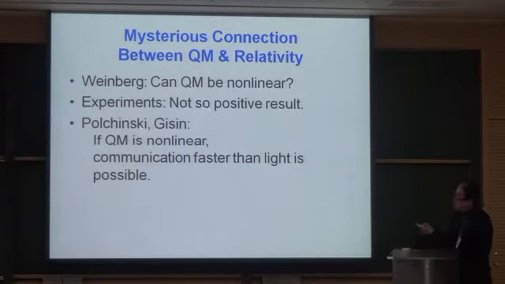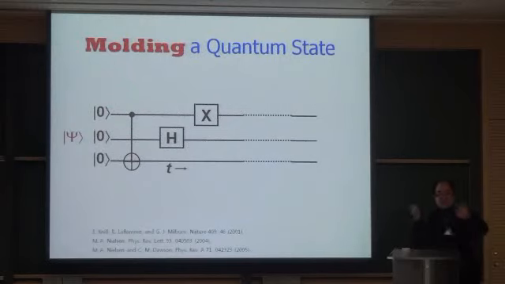Then two physicists came, Polchinski and Gisin: if quantum mechanics is nonlinear, then communication faster than light is really possible. So the linearity of quantum mechanics and the special theory of relativity are deeply connected with each other. Okay, this is a kind of introduction to quantum information science.